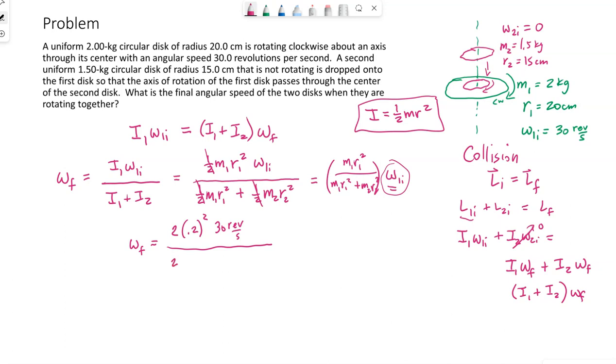All right, so M1 is 2, radius of 0.2. M2 is 1.5, radius of 0.15. You might notice as well, you could leave the radii in centimeters because those would cancel as well.